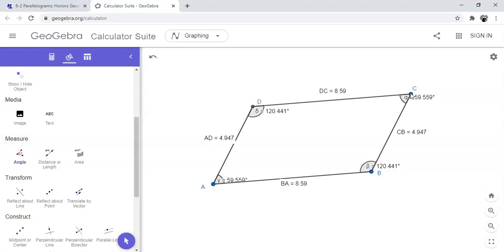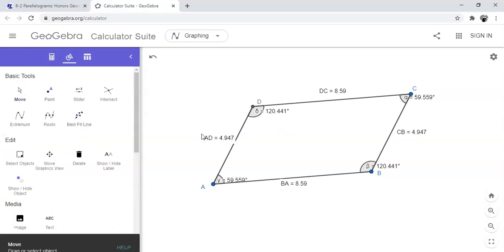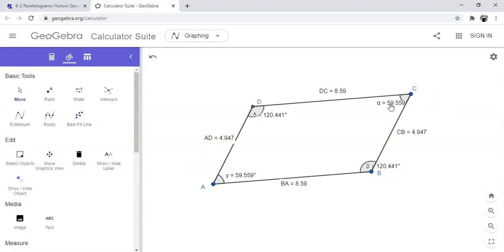Okay, so it looks like, this is again a conjecture, just having it in a diagram like this doesn't prove it, but a conjecture we might make is that the angles opposite each other, across from each other like B and D, and A and C, are also congruent, right? So we might make the conjecture that opposite angles are congruent.